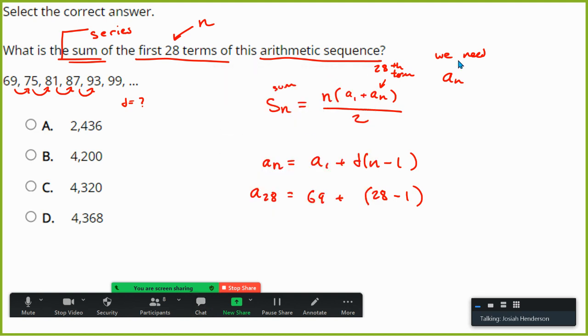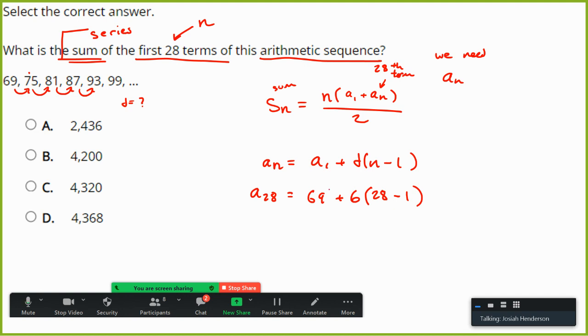Thank you, Anaya. I agree. That's what I found too, plus 6. 69 to 75. You can count from one to the next. You can subtract 75 minus the one before it, and then you'll get positive 6 for our D this time.